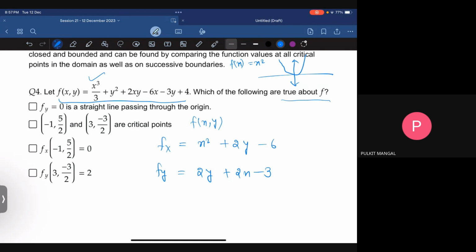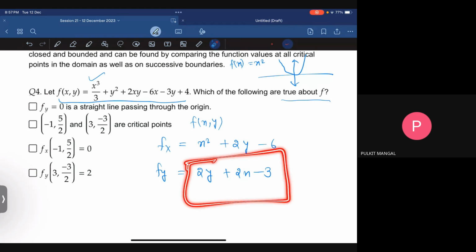So the first option is telling that fy equal to 0 is a straight line passing through the origin. Is it true? No, right? Because if you see this equation, 2y plus 2x minus 3, this is basically the equation for an affine line.